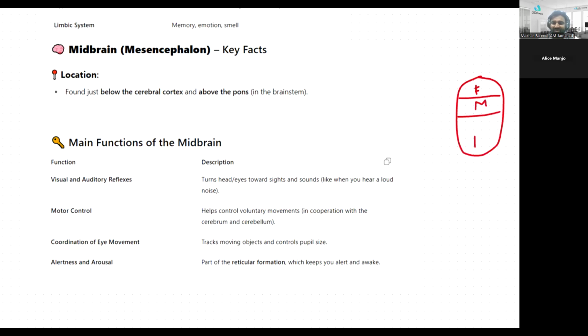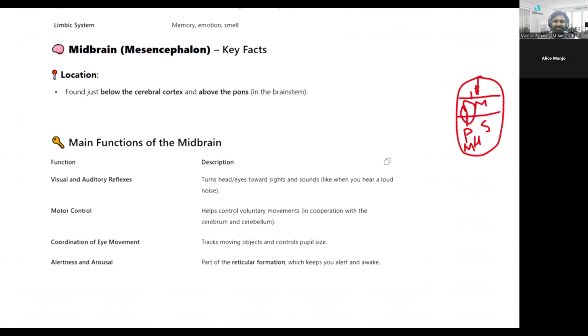The hindbrain has three portions: medulla, pons, and cerebellum. The midbrain is present below the cerebral cortex. This forebrain has the cerebral cortex, and above the pons, this is the portion totally of the midbrain.